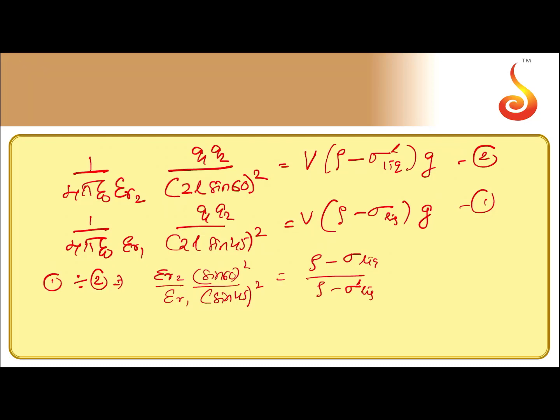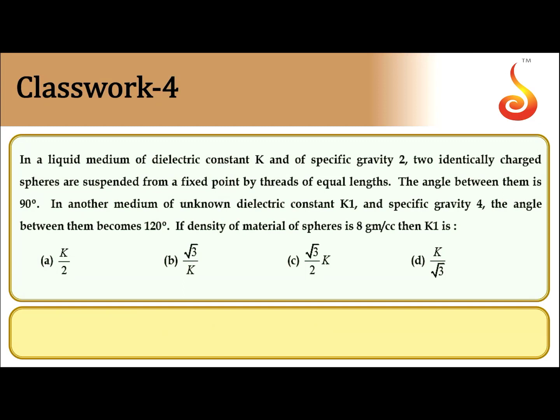Now we can substitute everything into this equation and get the value of epsilon r2, that is nothing but K2. I am leaving the calculations to you. Upon simplification, you will notice that this turns out to be K by root 3. So K by root 3 is your answer.